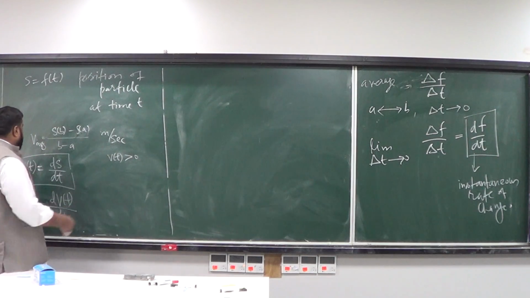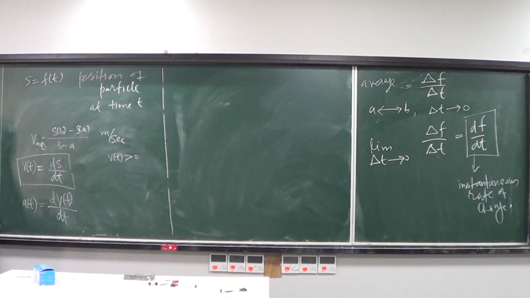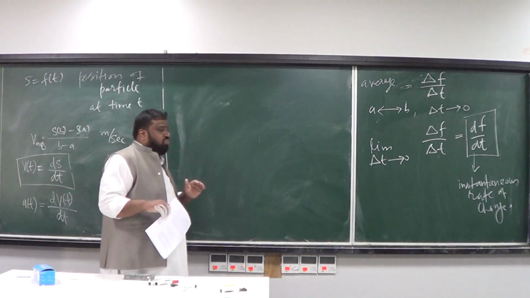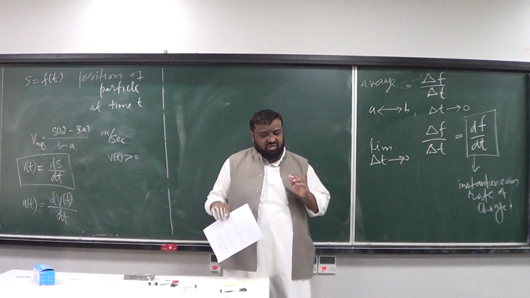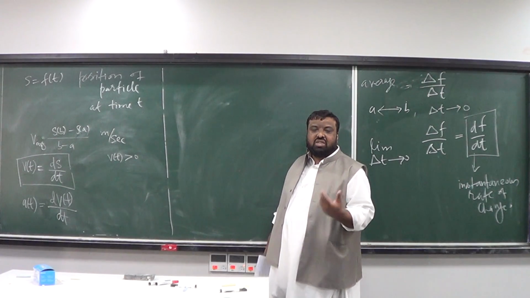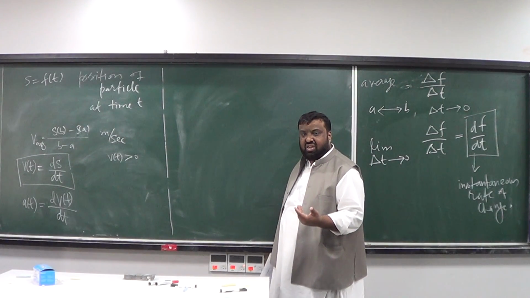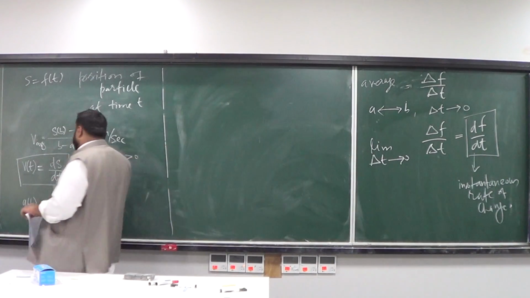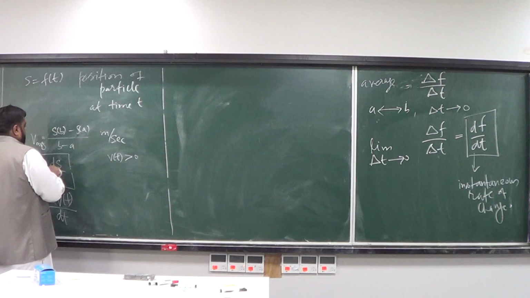then what does it mean? What is it going to tell you? This is going to tell you that you are moving in the positive direction, and you are covering more and more distance. In other words, s is increasing.